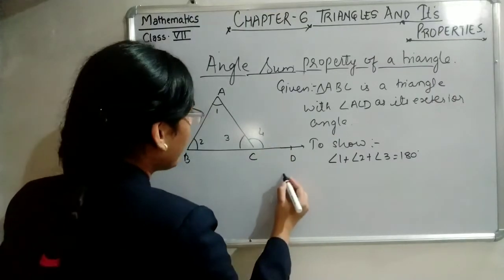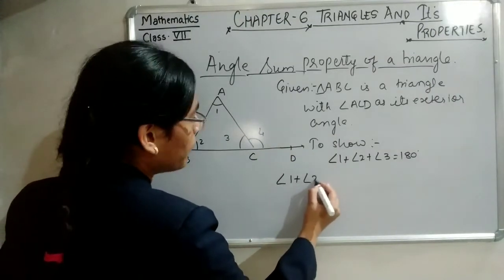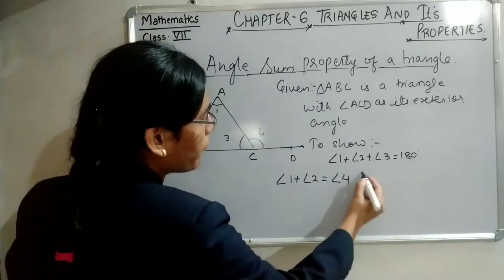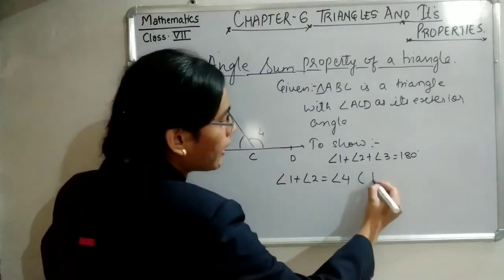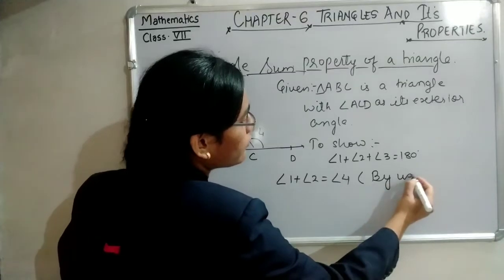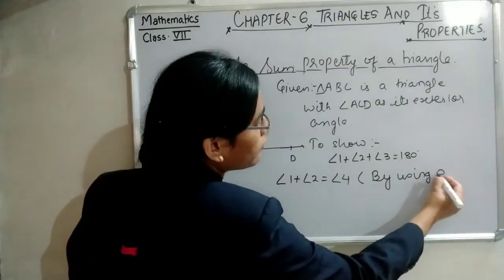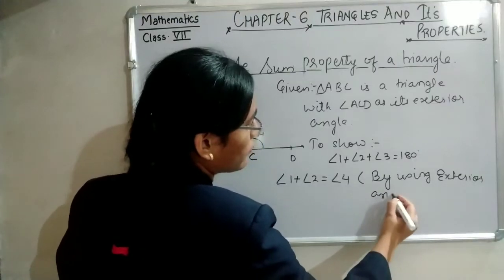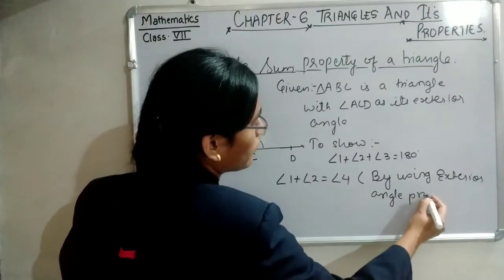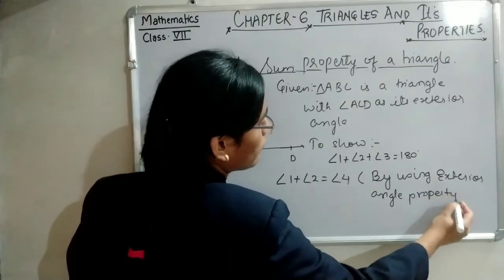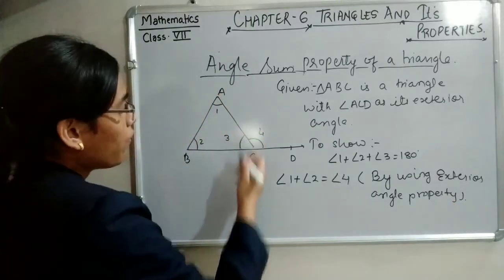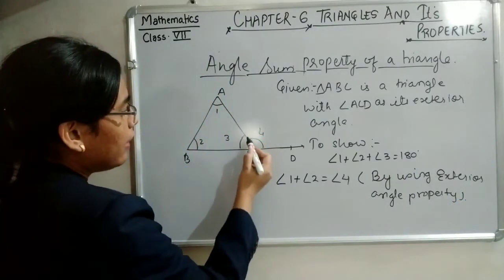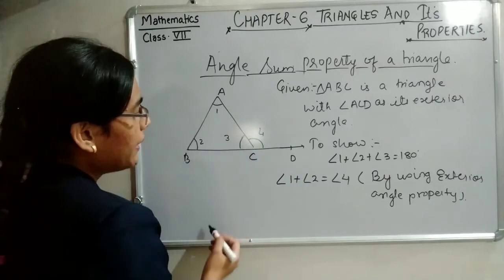Now we have angle 1 plus angle 2 equal to angle 4 by using the exterior angle property. Now we have these angle 3 and angle 4 forming a linear pair.